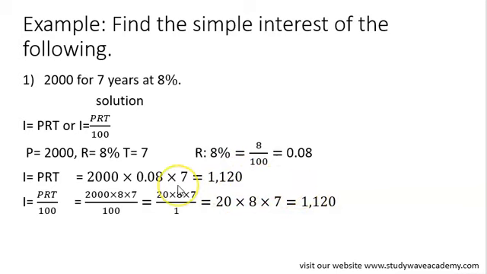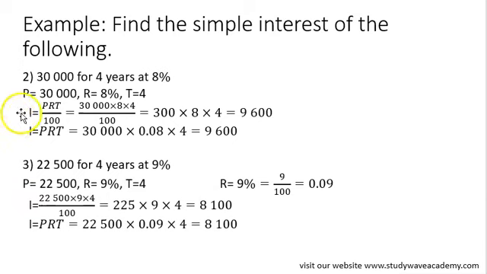Now we move on to the next example: 30,000 for 4 years at 8%. We have to find the simple interest. First, we write out our numbers and what they represent. P stands for 30,000, R stands for 8%, and T stands for 4 years, which is the time.